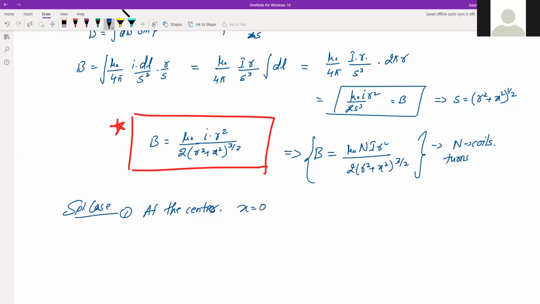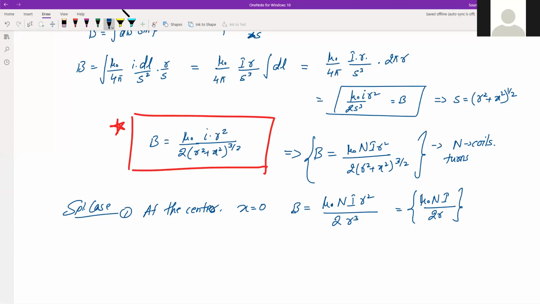So we substitute x equals 0, and the value of B we get is mu naught n I r square divided by 2r cube. So this is mu naught n I divided by 2r.